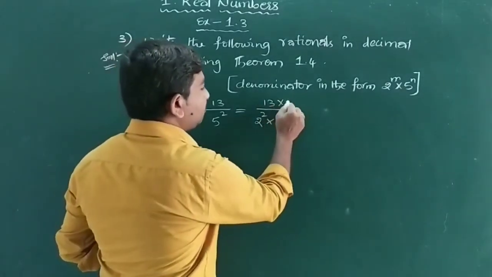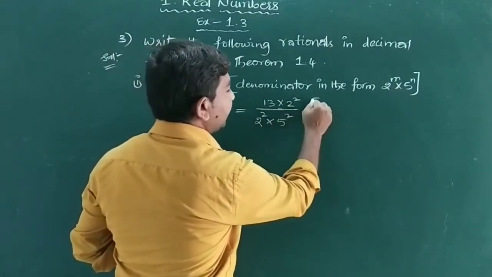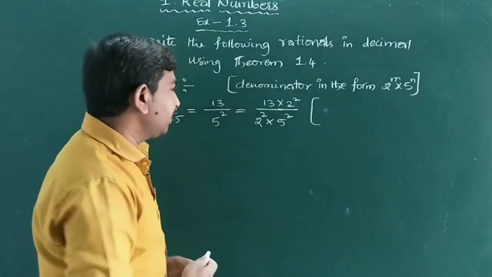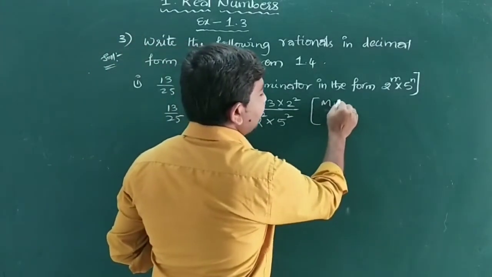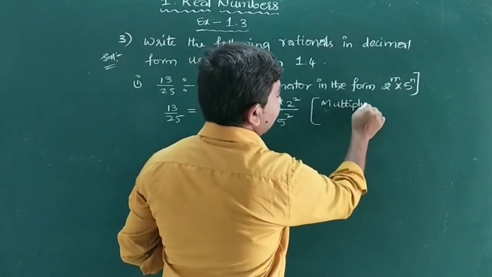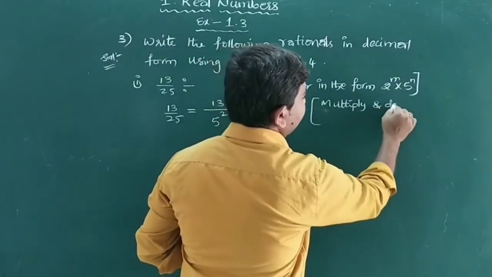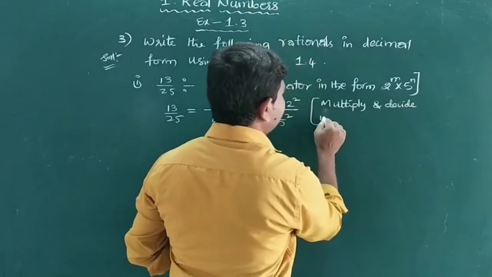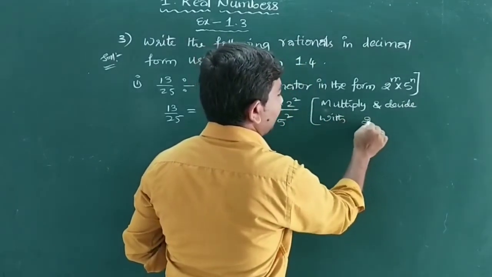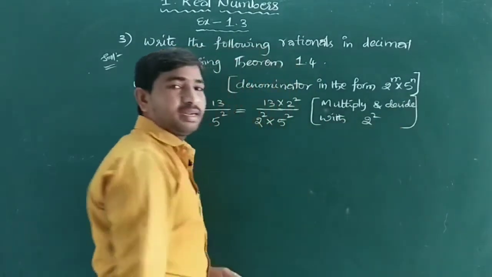So you multiply and divide with 2 power 2. This you have to understand.